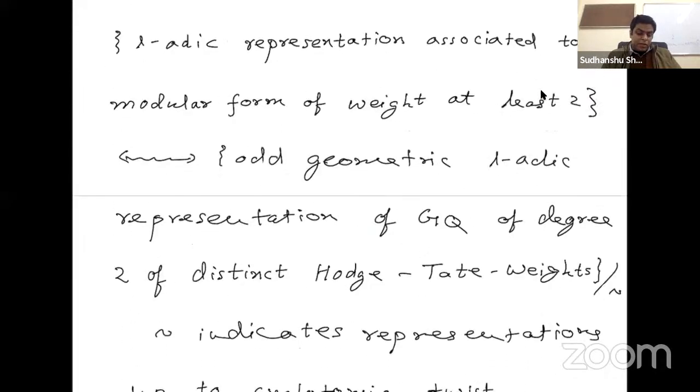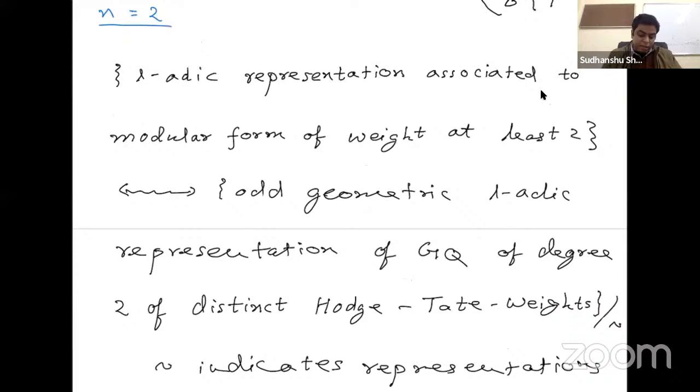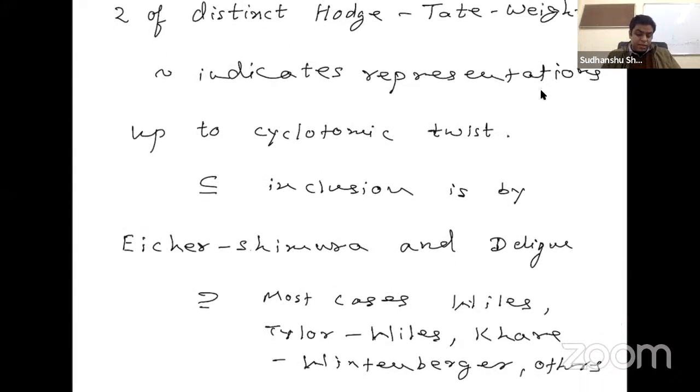If I look at this correspondence, the one direction, this containment, is due to Eichler, Shimura, and Deligne. Eichler and Shimura did it for weight 2, where the representations come from abelian varieties, and for higher weight it's due to Deligne.